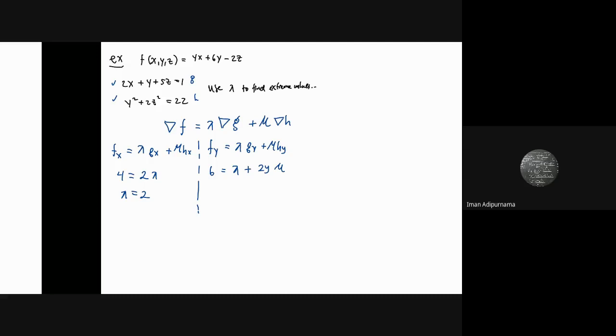Lambda is 2, we get from the first one here. We can write 2 plus 2y mu, and we can write y is 2 over mu.